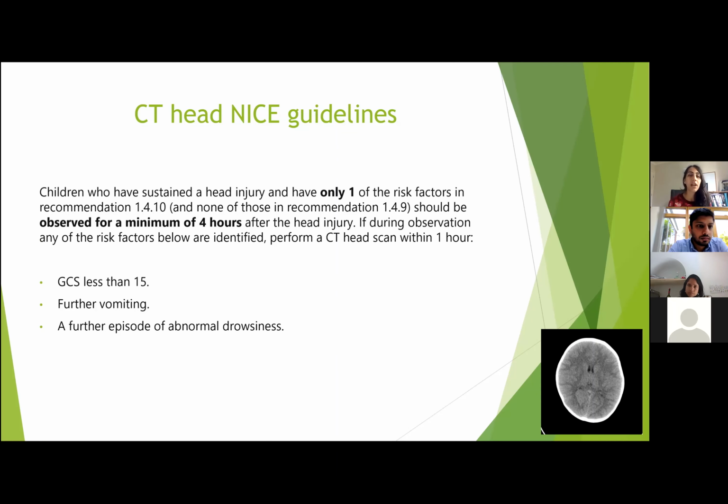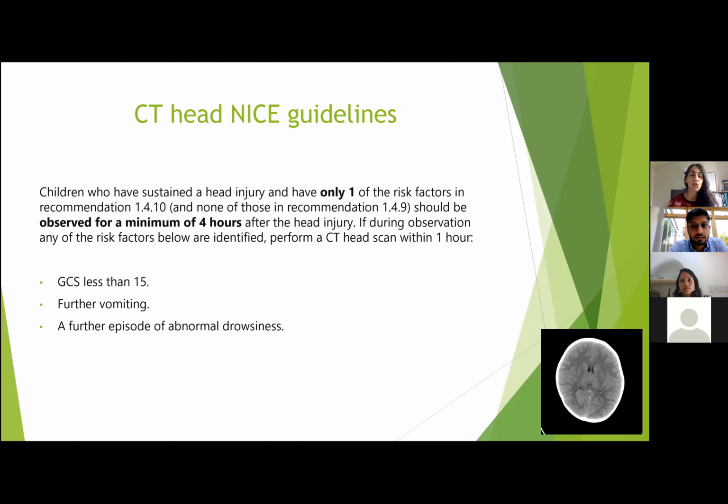So if a child's got 1 risk factor like our child had, then you need to think about observing for a minimum of 4 hours, and that 4 hours is from the time of injury. So obviously when you do your histories, you need to know exactly when it happened. Some children you might see after they've been in the emergency department for 4 or 5 hours, so they've already hit that time period and you can assess them and discharge at that point.